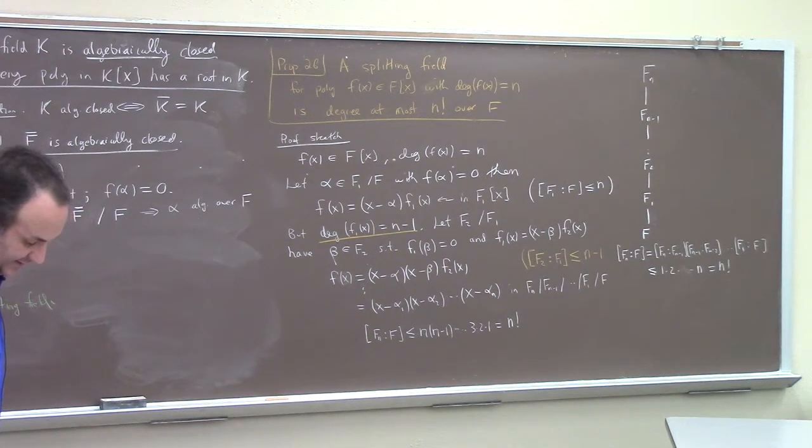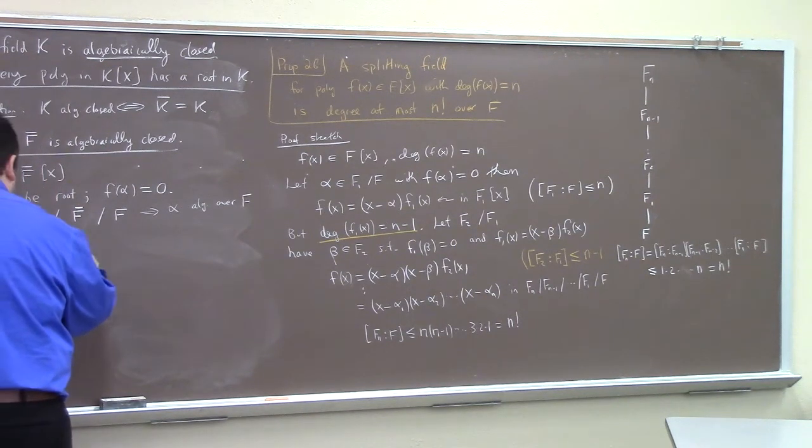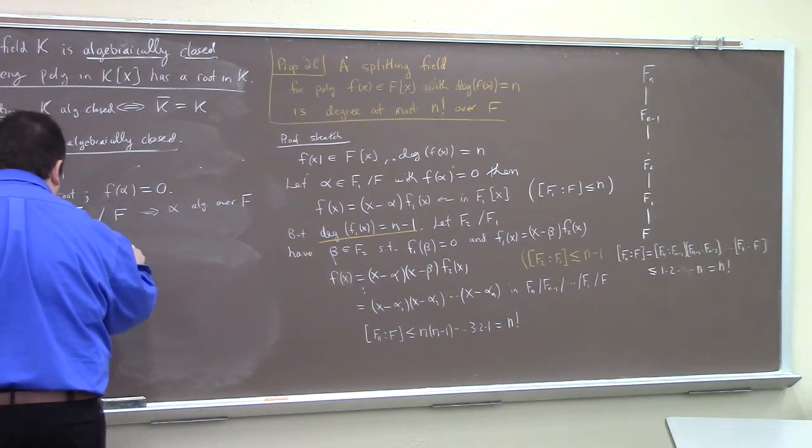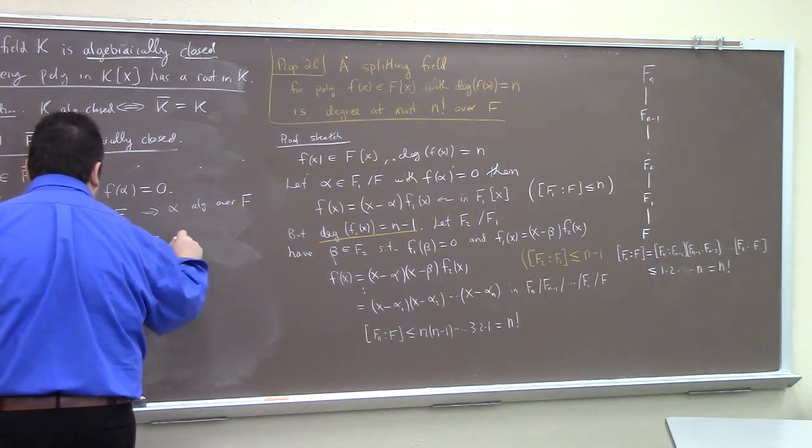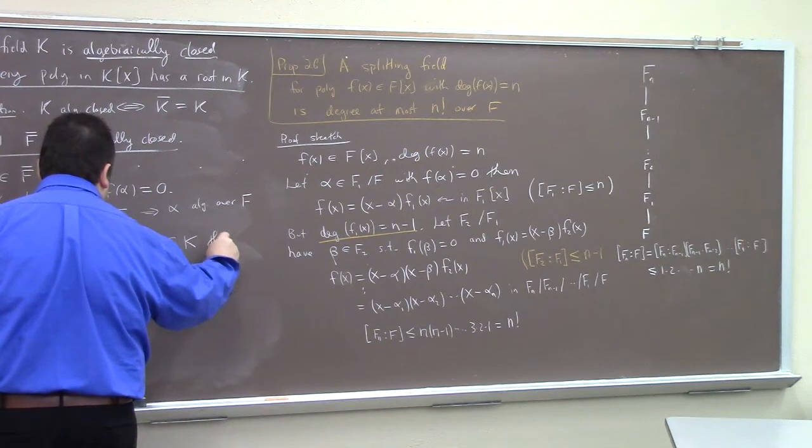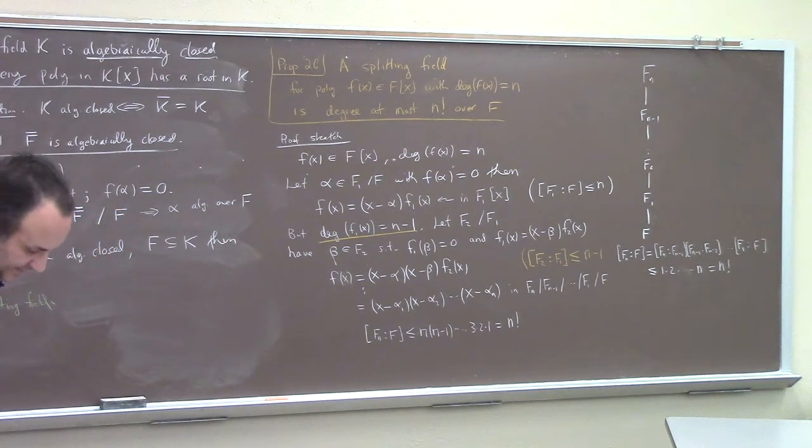Let K be an algebraically closed field, and F a subfield of K. Then the collection of elements of K that are algebraic over F is an algebraic closure of F. An algebraic closure of F is unique up to isomorphism.